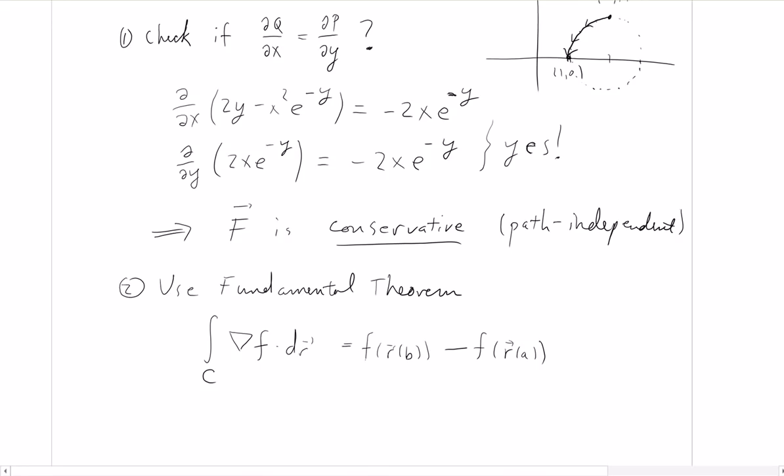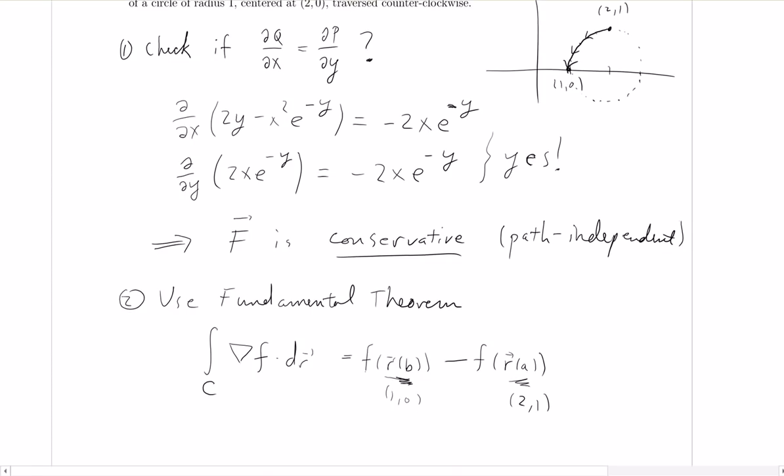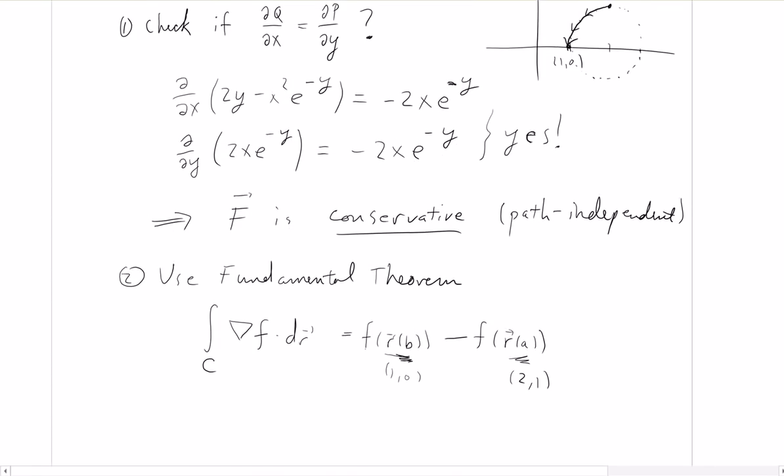So there's something missing. We know these endpoints. For us, r of b is 1, 0, and r of a is 2, 1, the start and end points of our curve. But what we don't know is the function little f.